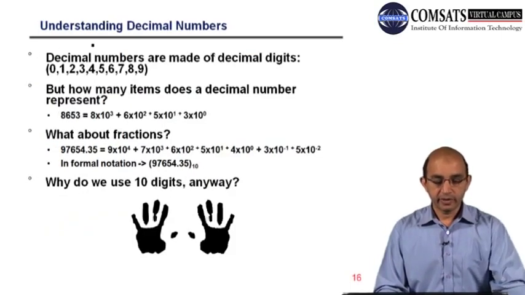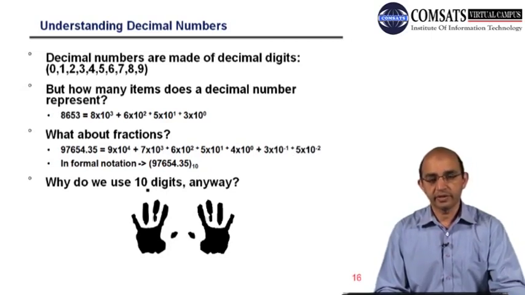So let's talk about the decimal number system. There are 10 digits, starting from 0 to 9. Why do we use the decimal number system? If you look at your hands and count the number of fingers, there are 10.